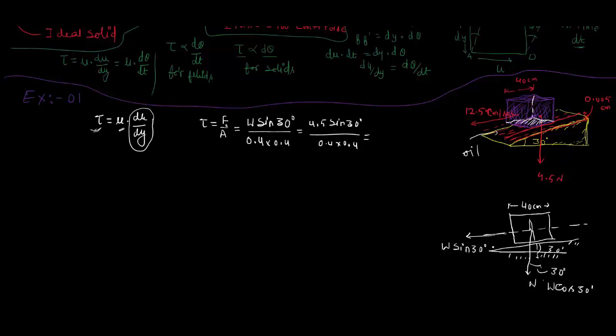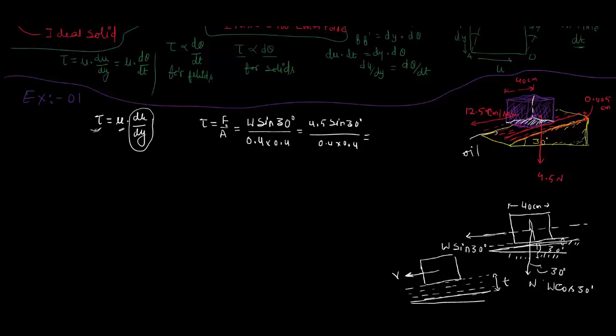It means, if there is an oil layer between the block and the solid surface, so let me draw it larger. Let me say this is the inclined plane line, and here is the block, and this is the fluid layer, that is the oil, and this thickness let me say T, and let me say the block velocity is V.